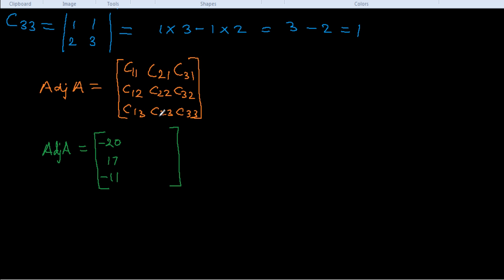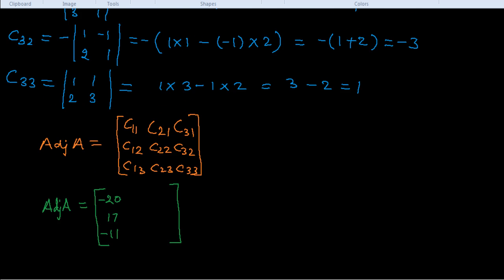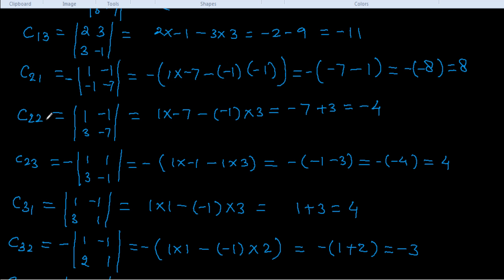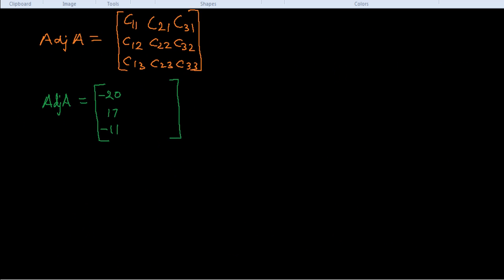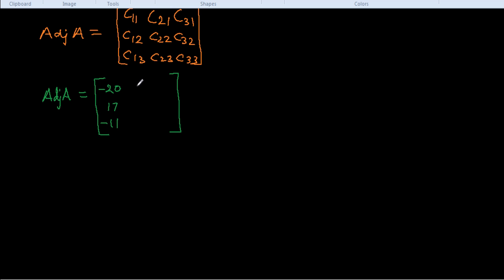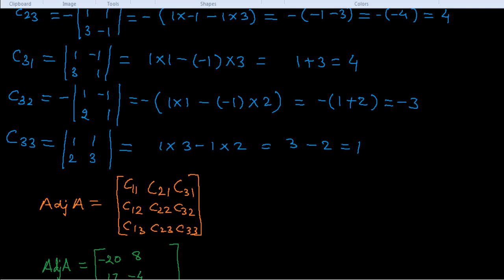C21 C22 C23 we have to write here in the second column. So C21 C22 C23 are 8 minus 4 4. It is 8, minus 4 and 4. C31, C32, C33 we see here.